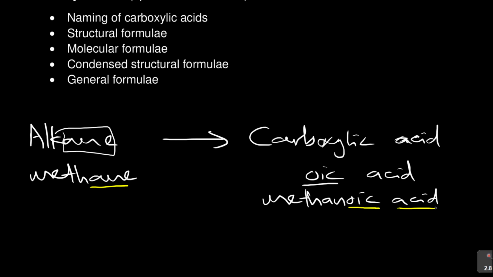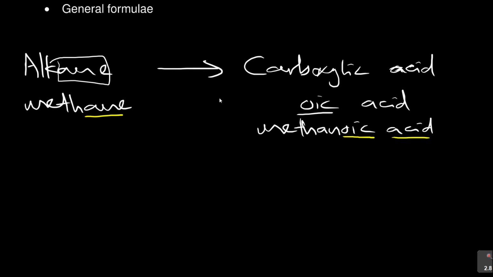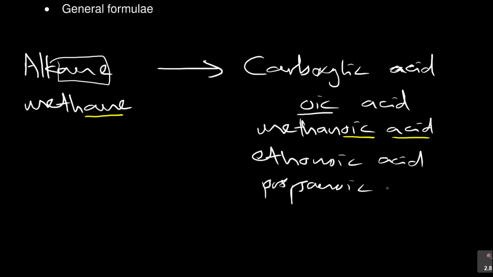And then now it grows from here, methanoic acid, and then you continue now to say ethanoic acid, right? And then propanoic acid, and then you have got butanoic acid from butane, and then you have got pentanoic acid.